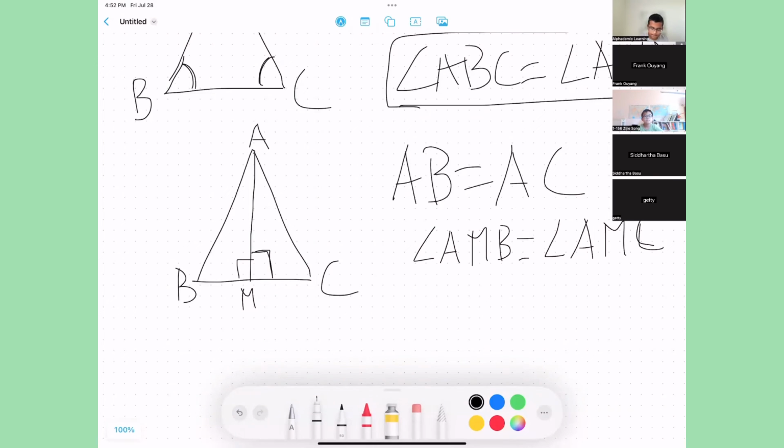And then since it's a perpendicular, MB equals MC, because if you draw a perpendicular in an isosceles triangle, then both sides are equal, right? And then AM equals AM. What type of congruence is this? If AM equals AM, MB equals MC, and the angles between them are equal?